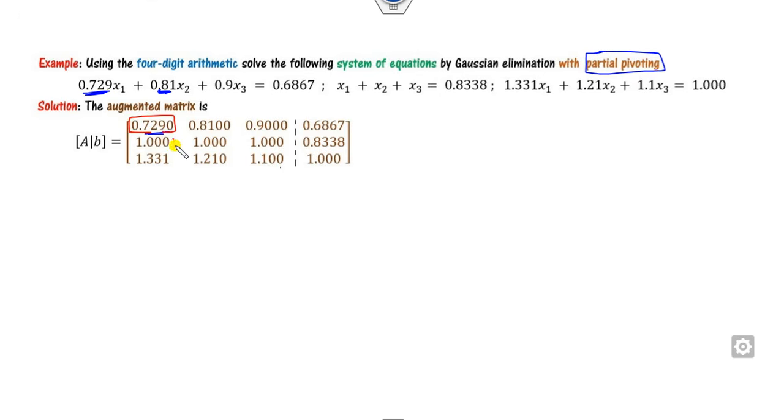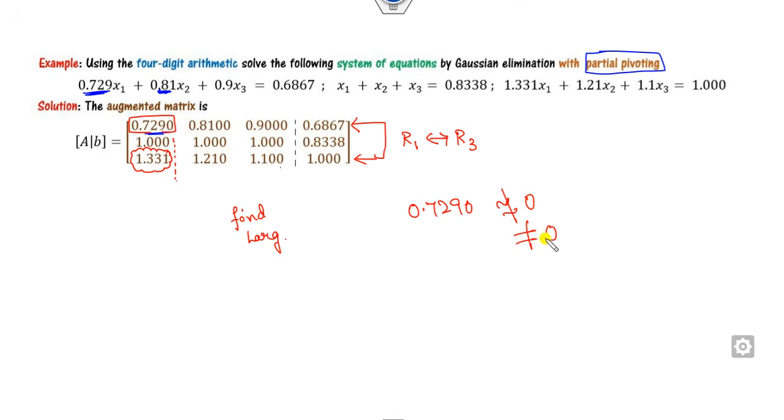Look at all those values in the below. Find the largest value in magnitude. What is the largest value in magnitude? This value. That is in the third row. So I can interchange the third row and the first row, because although 7.79 is not approximately 0 but also not equal to 0, the statement said you have to solve this question with the help of partial pivoting.